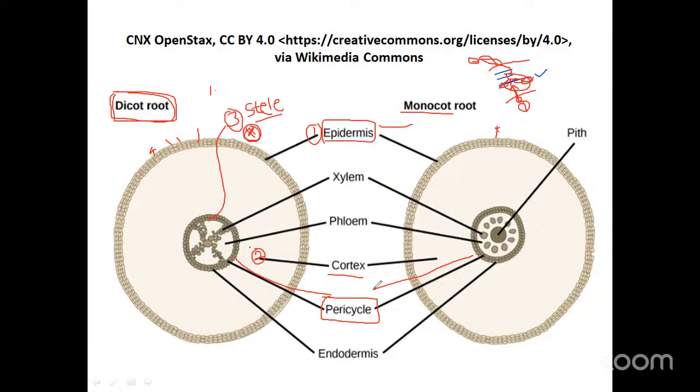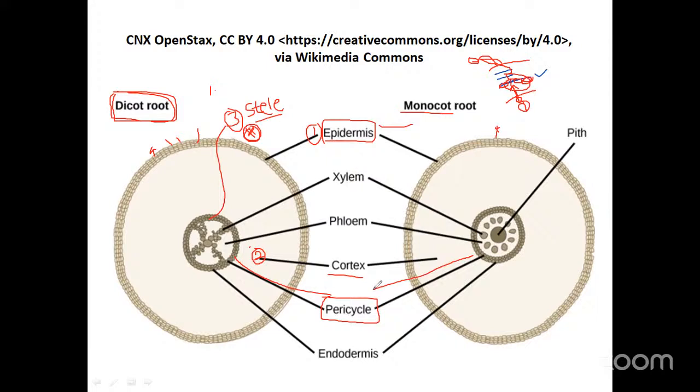And here the pericycle, say in the monocot root also, is the outermost layer of the stele, below the endodermis, uniseriate or multiseriate. But unlike the dicot root pericycle, the monocot root pericycle does not form cambium and is not involved in secondary growth.